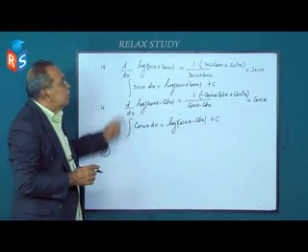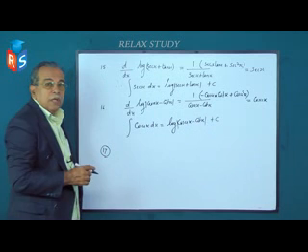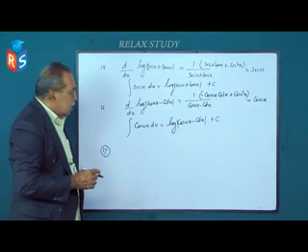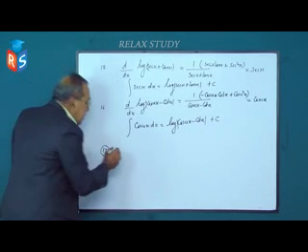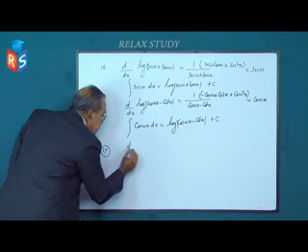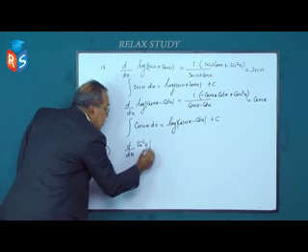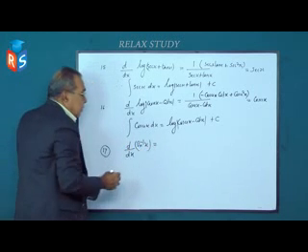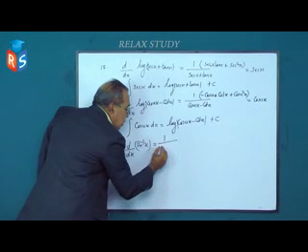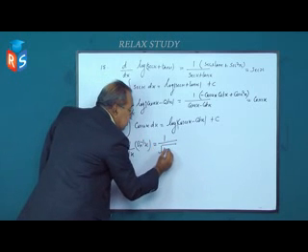Now let us proceed to inverse trigonometrical functions. You have d by dx of sin inverse of x is equal to 1 by root of 1 minus x squared.